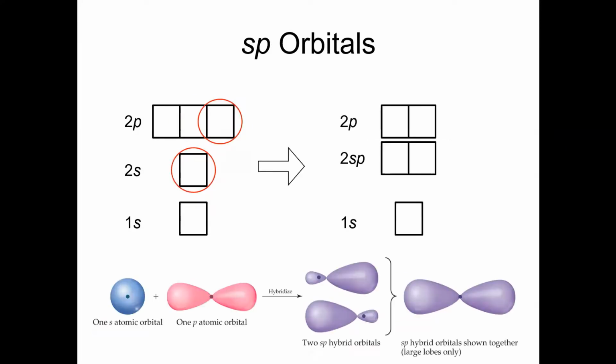And then finally, sp hybridization gives you 2 hybrid orbitals in a linear arrangement, and so that's what you're going to use when you've got a central atom that's got 2 electron domains.